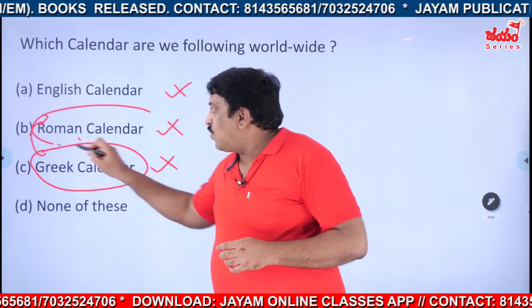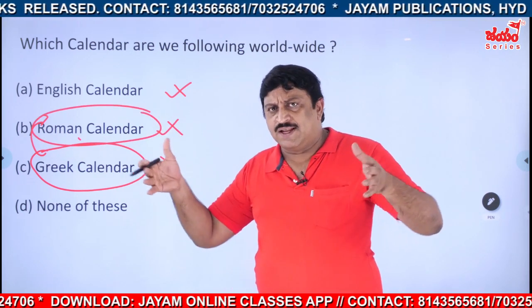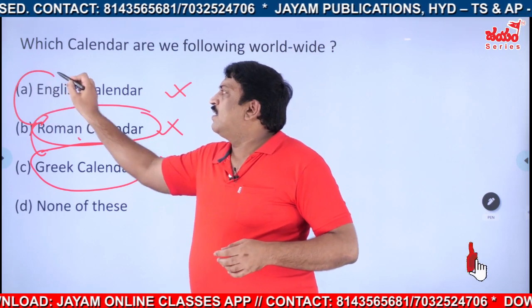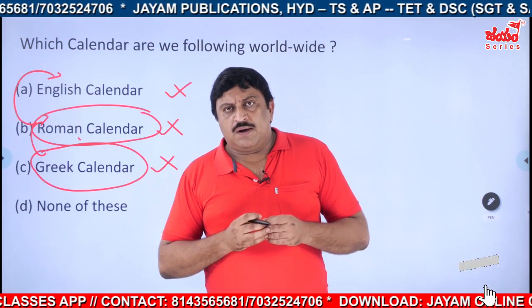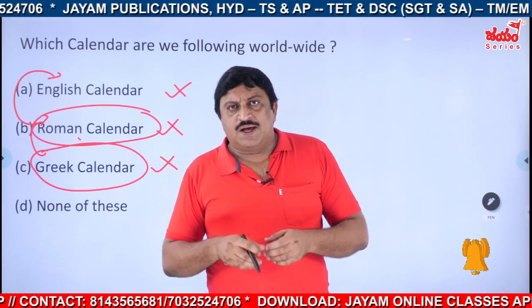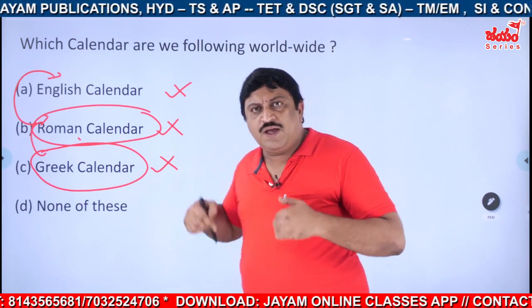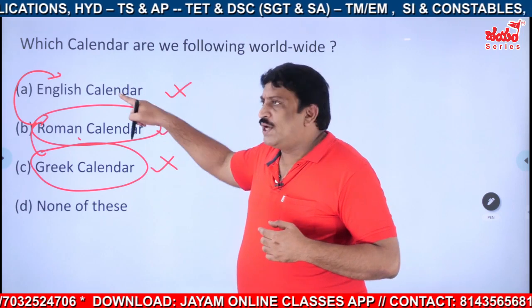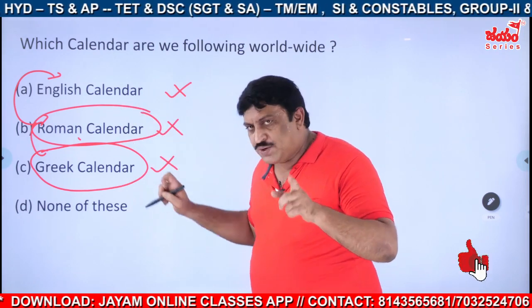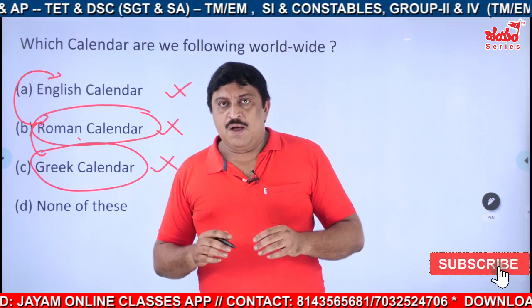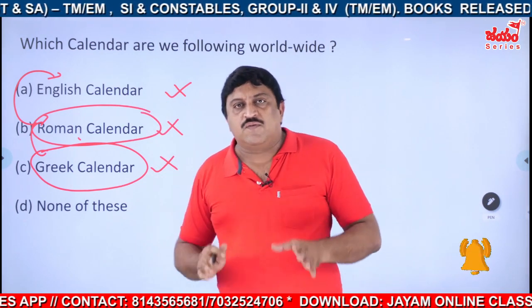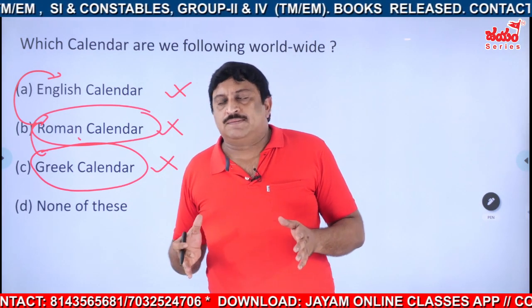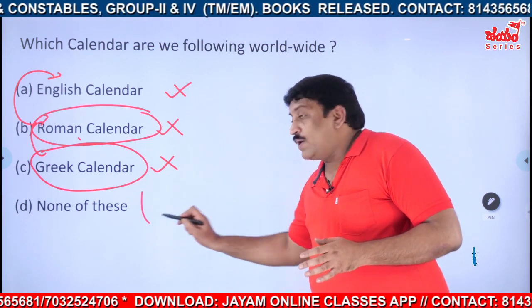Again, after the Roman Empire, the Catholics and everything, it was followed by English people. And those English people came to India, and we think that it is the English calendar. No, it is actually the Greek calendar. But all these three answers are wrong. Which calendar are we following? What is the answer?